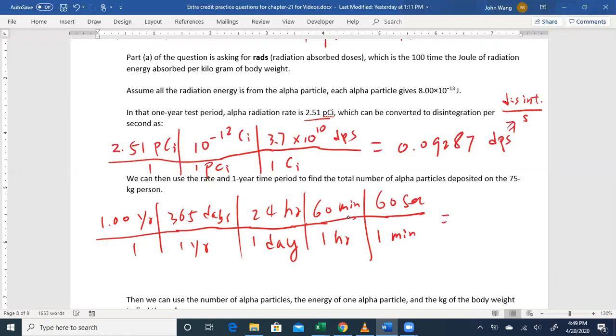So finally we get 3.1536 times 10 to the 7 seconds.